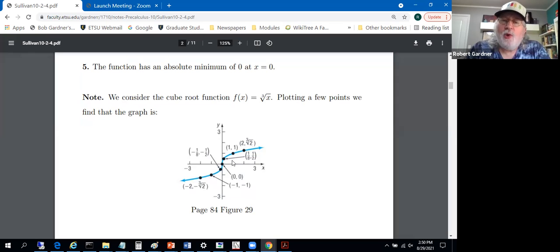I'm not entirely sure why they wanted to graph the 1/8, 1/2. Of course, I just took the figure straight out of the book. One thing that's happening here is the function is coming in rather steeply as it comes into 0. If we were to read it in this direction, if we looked at it in some sense like that, it's very steep right here. All I can think is they're trying to illustrate that.